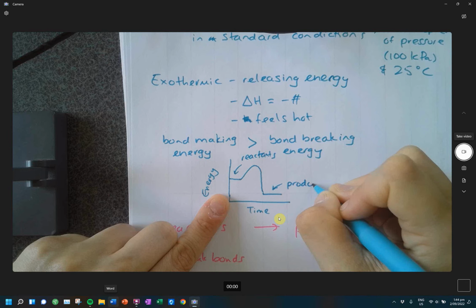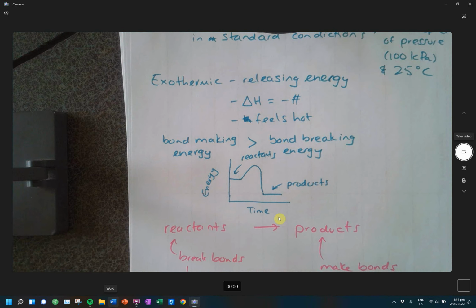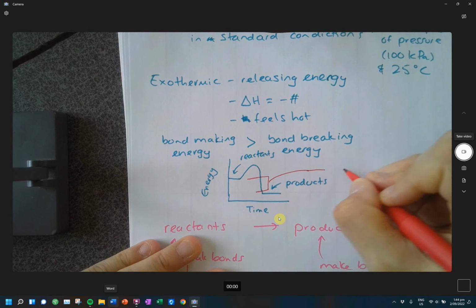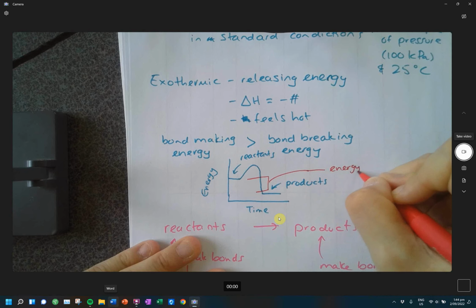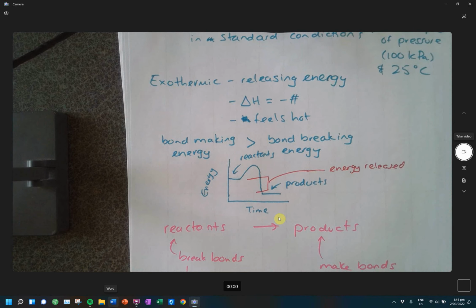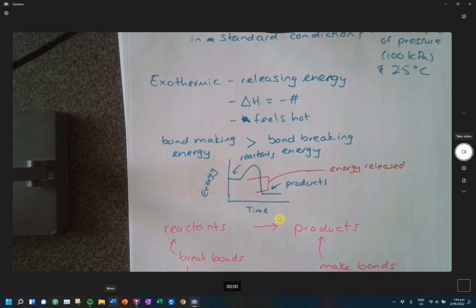Then this difference here is the energy released. And that little hump that we have here, that's the activation energy. Are we good with that? All right, keep going.